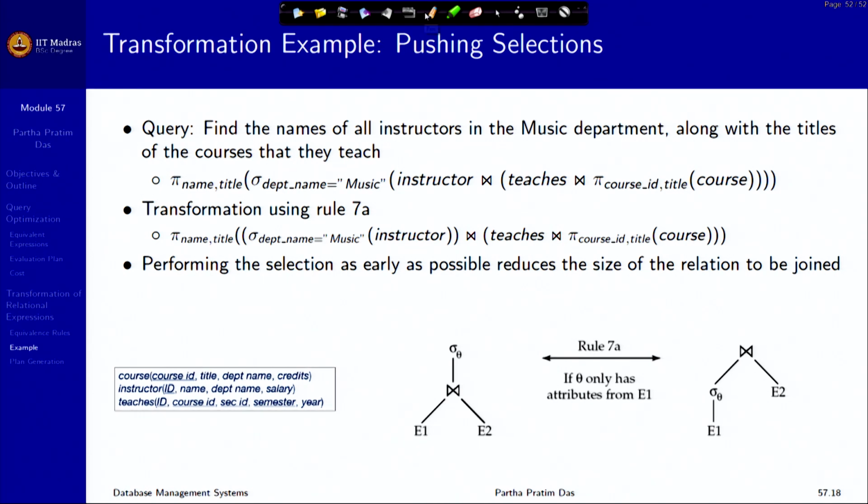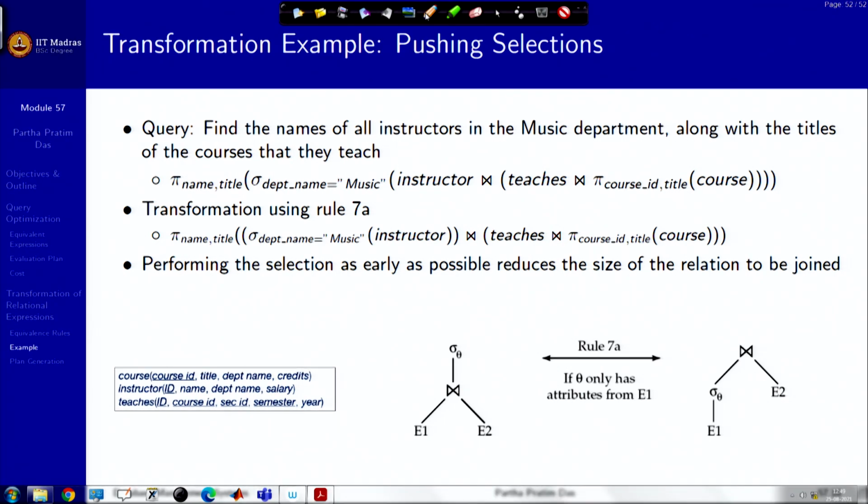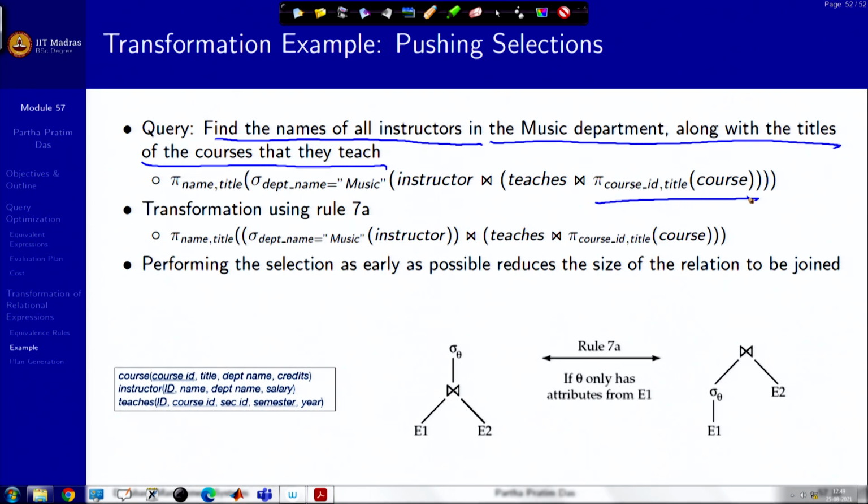So, let us see the effect on some of the examples that we have seen. Find all instructors' names in the music department along with the title of the course that they teach, what we considered before. In the course we need the course ID to join it with teachers, that is common.